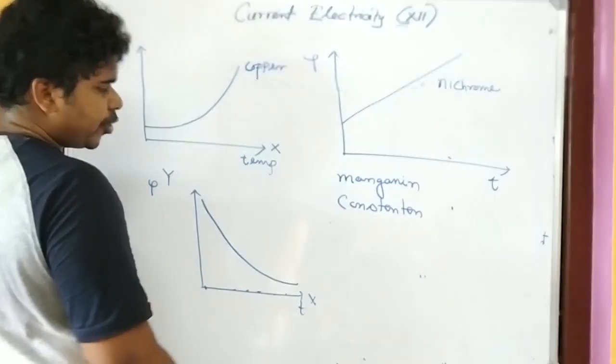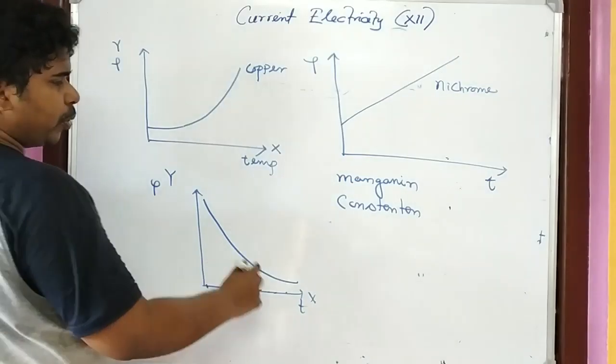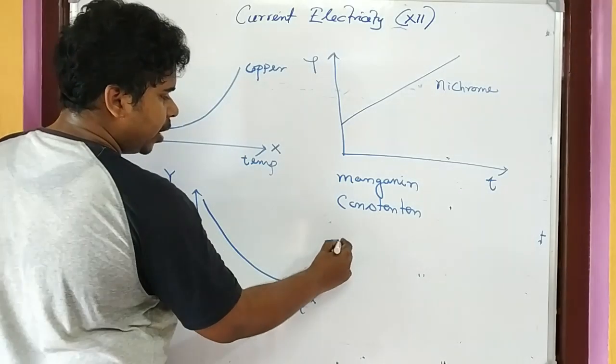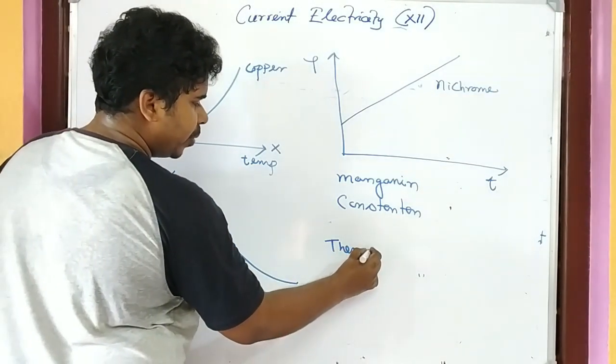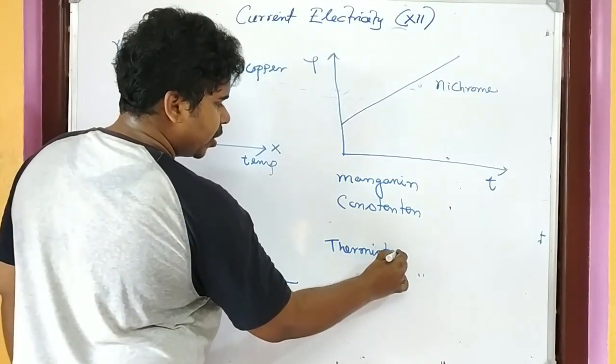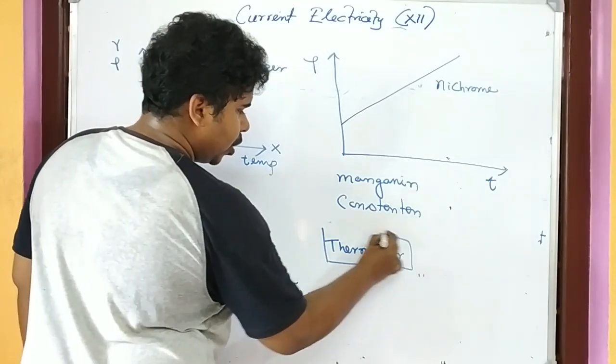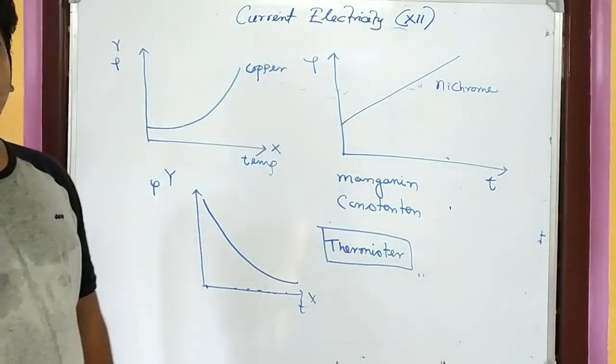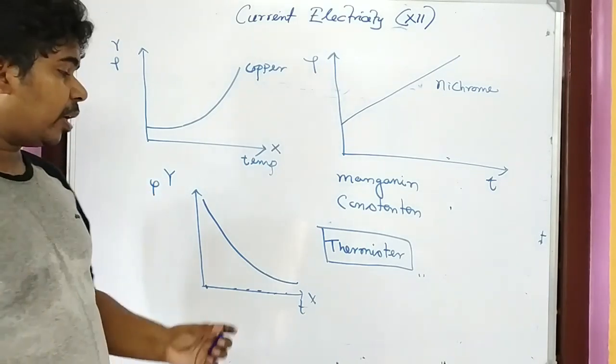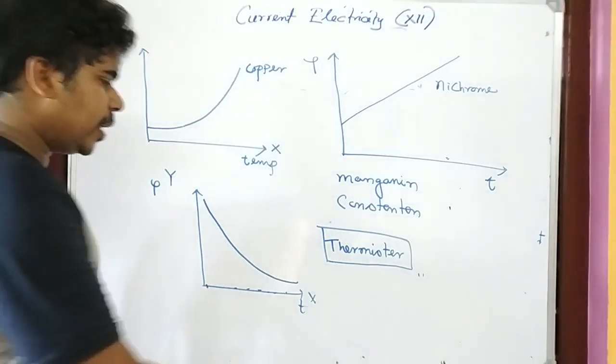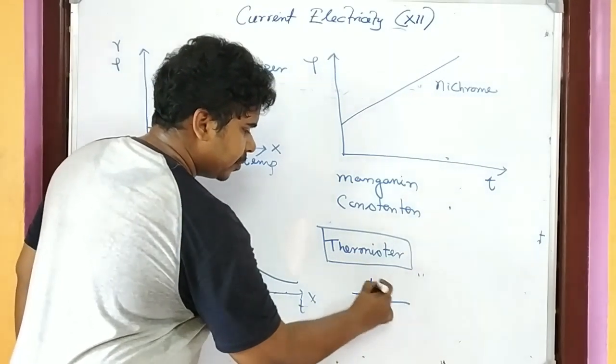One thing we can mention here is that using this property of semiconductors, we have made an instrument known as a thermistor. What is a thermistor? A thermistor is nothing but a semiconducting device just connected in a circuit.